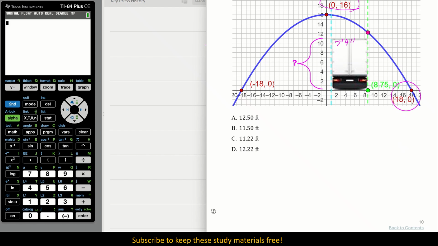We're going to use our base situation, y equals a, and then our x may be shifted, that's minus the h, and we square that. And then we have a shift up or down, which is our k. So in this situation, what do we actually have? We have a shift up of 16. We do not have a shift from right to left because notice that we're symmetric, right on with the origin.